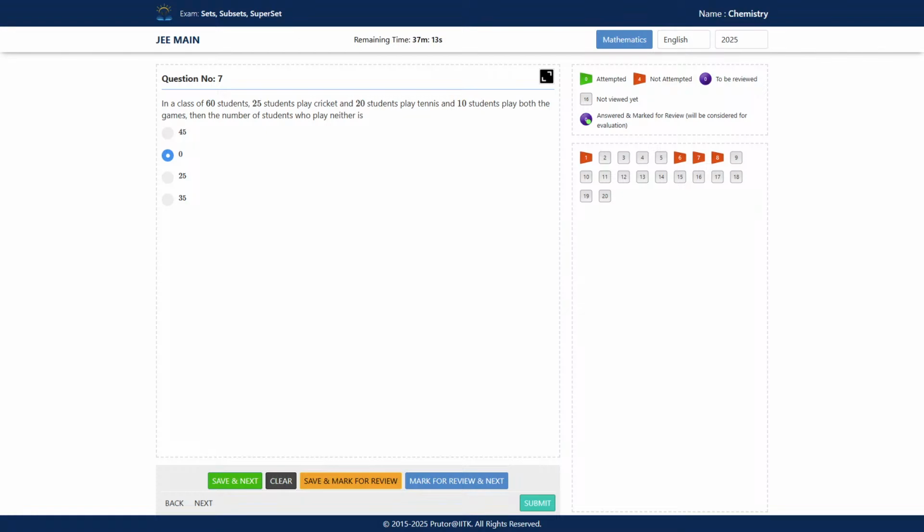In a class of 60, 25 students play cricket, 20 students play tennis, and 10 students play both the games. Then find the number of students who play neither.